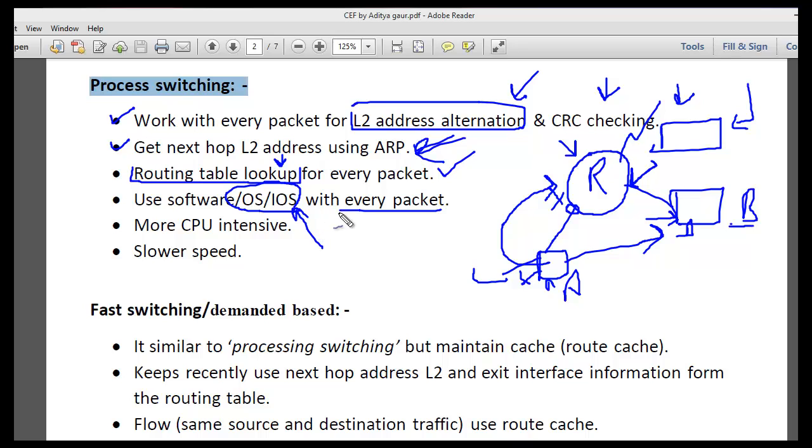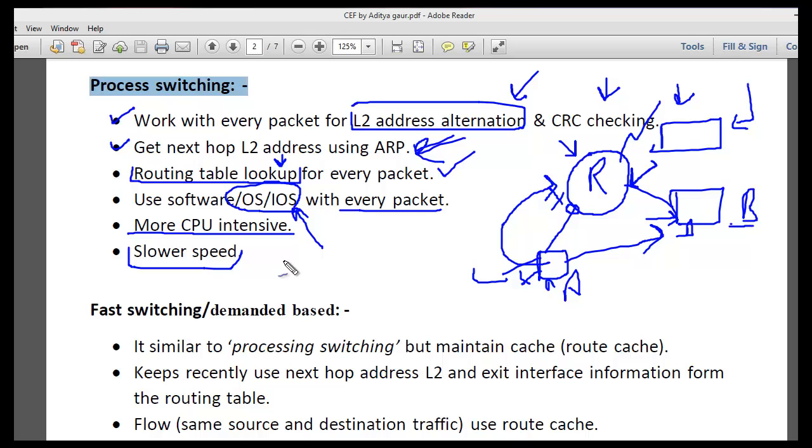So this is more CPU intensive. Every time, with every packet, your router uses more CPU cycles, resulting in slower speed, obviously.